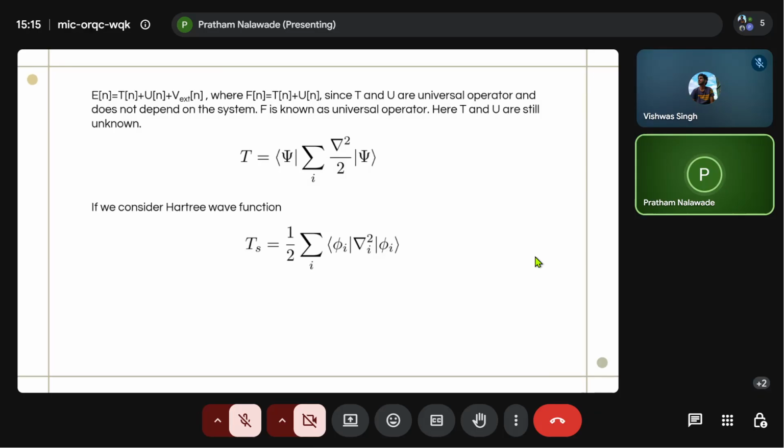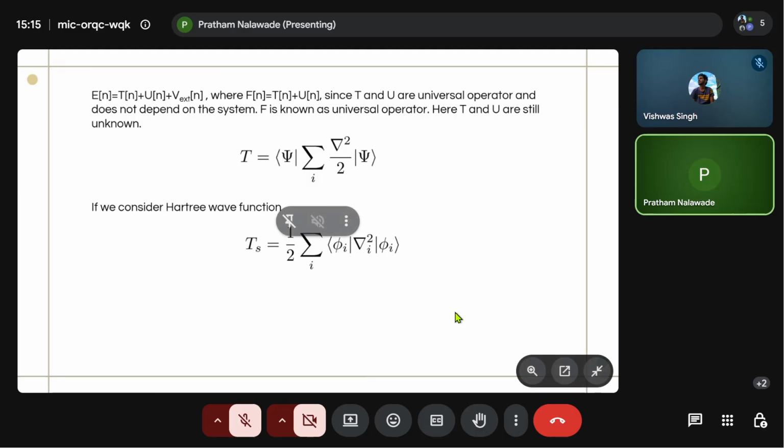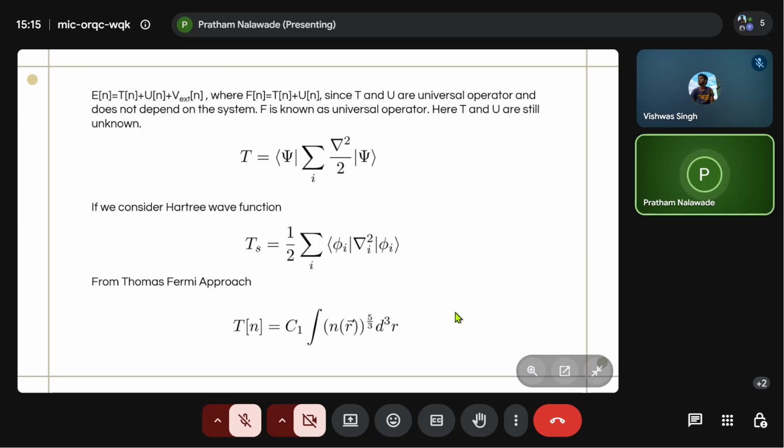Again, if we consider our Hartree wave function, we can rewrite the above equation as this, and then from the Thomas-Fermi approach, which is very easy to see, you have this h cross square k square by 2, and from that you get the Fermi sphere, and then you divide it by 2 pi by L, the whole cube, and that will be equivalent to the number of electrons.